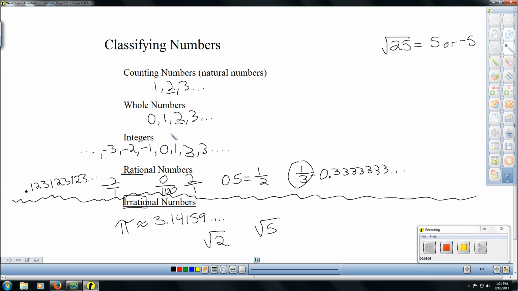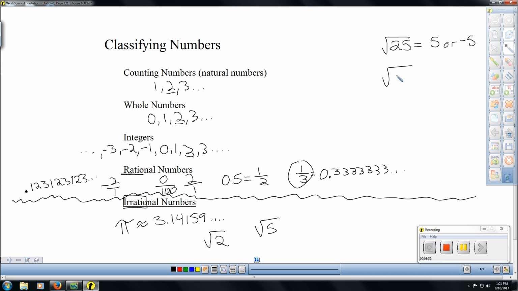But notice both of these are integers, with 5 being a whole number and a counting number as well. Both of these numbers are rational. I can write them as fractions, and if I do write them as fractions, they will terminate. So not irrational. The only irrational numbers square root-wise are those that are not perfect square roots.